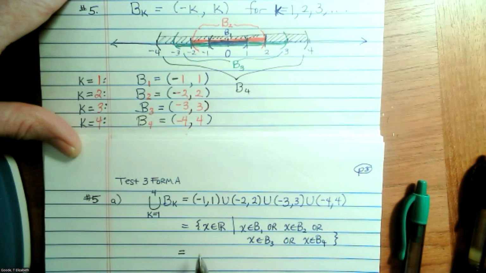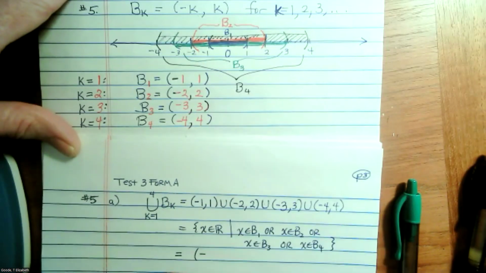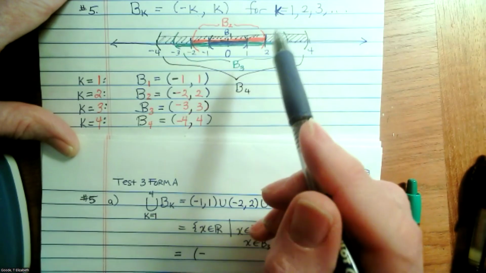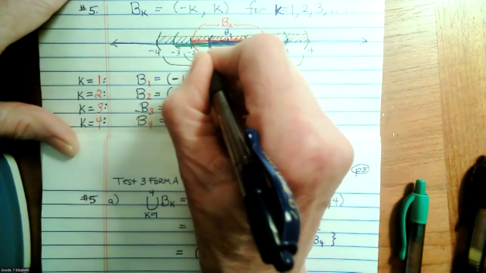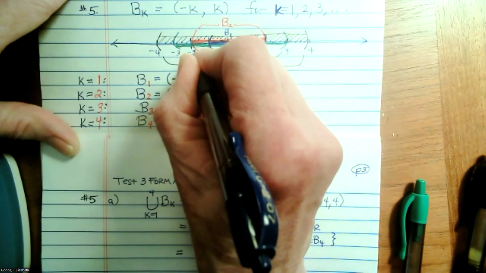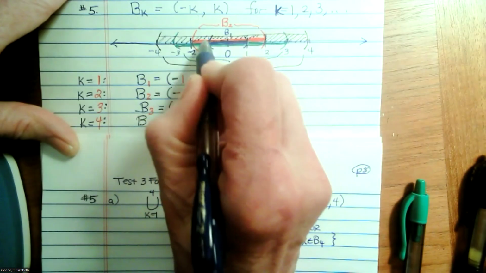So is it -1 to... A lot of people put from -1 to 4. I don't understand that. Because here's -1, right? But what about all the real numbers that are between -1 and -2?